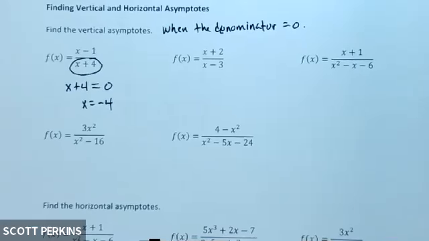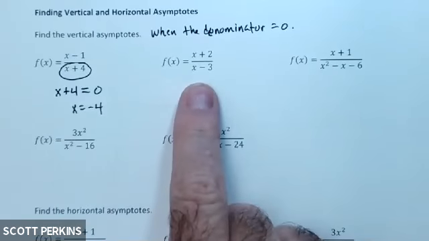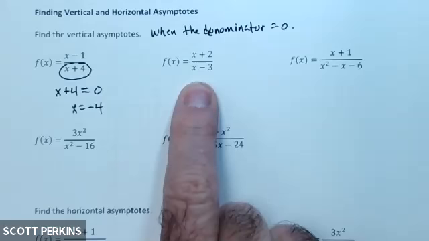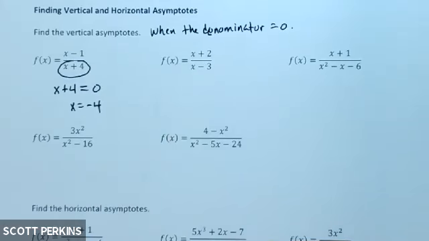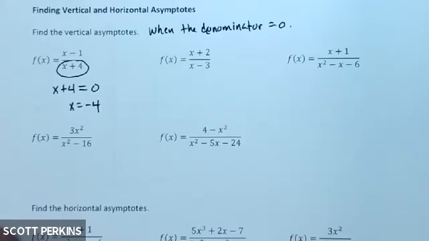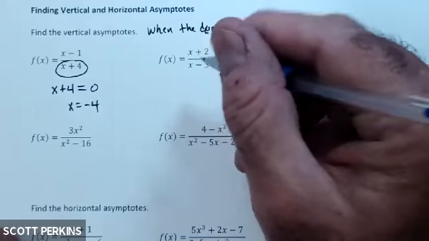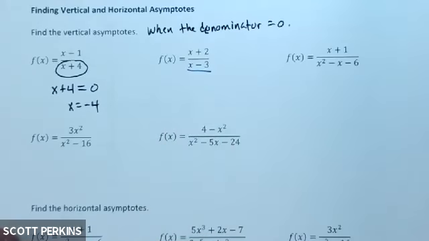So please do me this favor for the next one right here, x plus 2 over x minus 3. I'll give you 19 seconds to please figure out what the vertical asymptote of that one is. Okay, so this one, again, you just take the denominator, whatever it is, it doesn't matter.